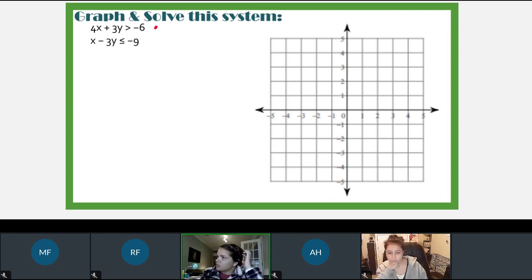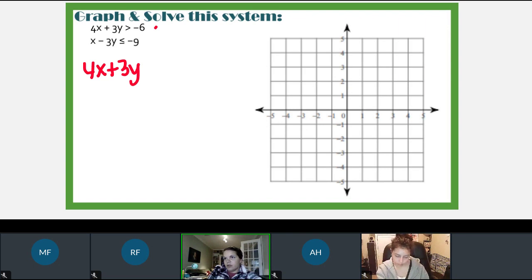The steps that you wrote down, or hopefully wrote down, step 1 said put in slope-intercept form. So I'm going to do 4x. Here's my original equation, inequality, I guess. It's not an equation, inequality. I'm going to subtract 4x from both sides.